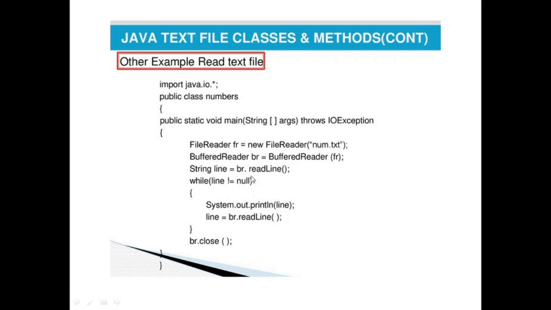If that line is not null, then I will display it to the monitor, and then move the pointer to the next line, line is equal to br.readLine. So this line will contain the second line in our example. If that is not null, it is also displayed. This loop will go on until we find the last line that is already printed, and then we'll close.